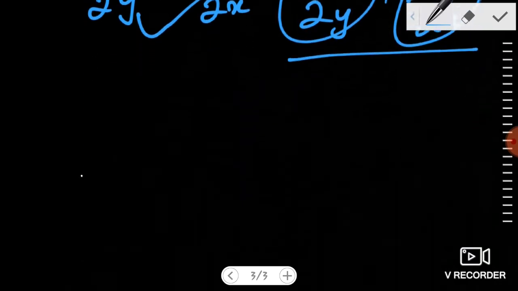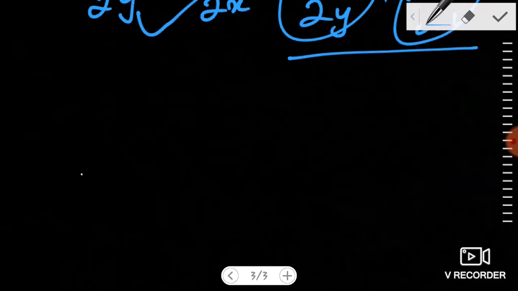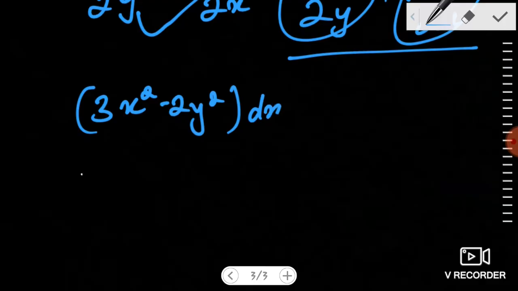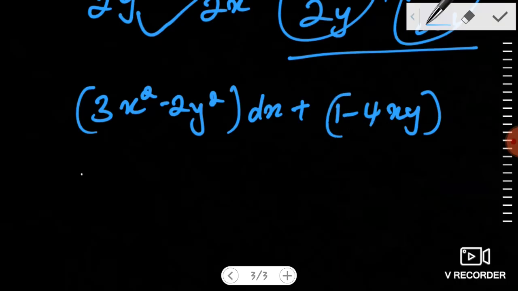Now, let's use an example. For example, if I have (3x squared minus 2y squared) dx, plus (1 minus 4xy) dy, and this is equal to 0.